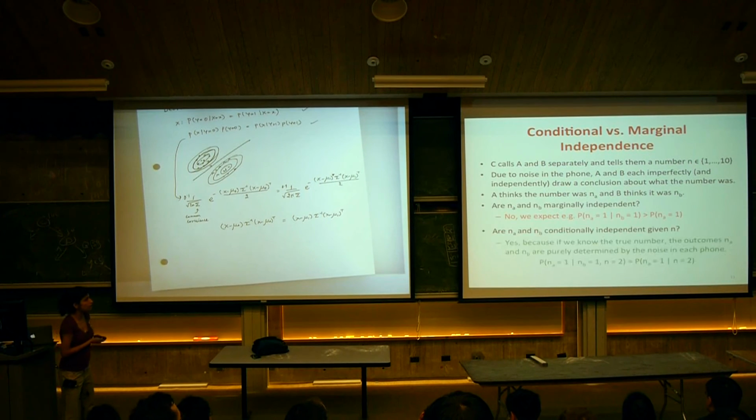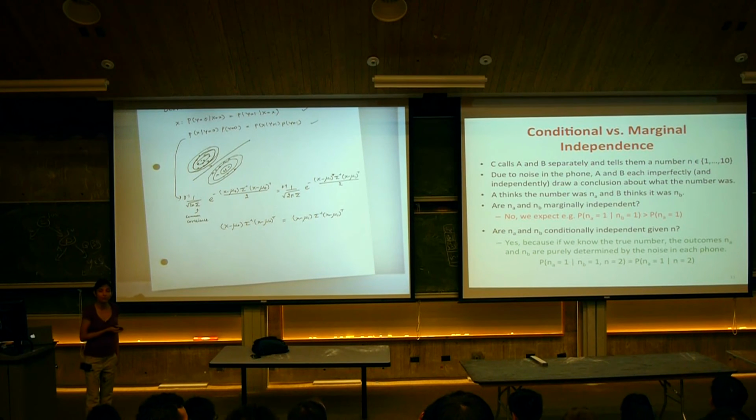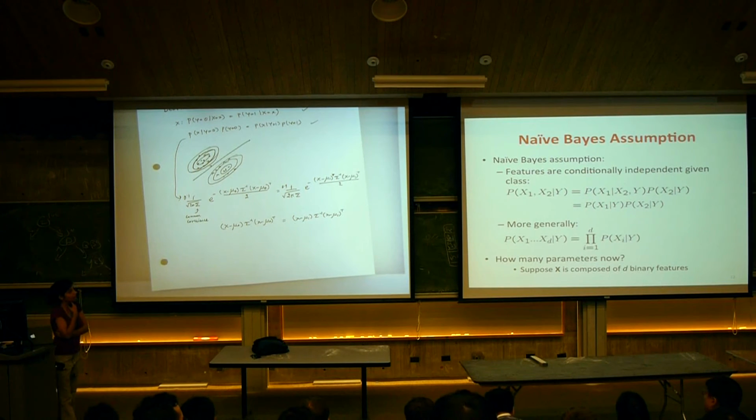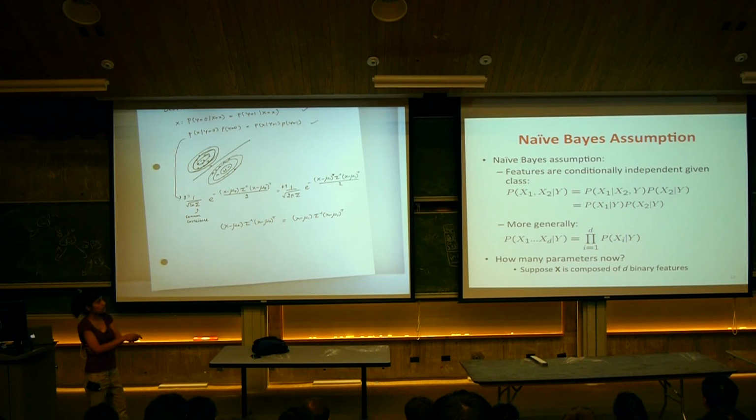All right, so how can we take this idea of conditional independence and use it to help simplify how we can learn the Bayes optimal classifier? So here's the naive Bayes assumption, which is what the naive Bayes classifier is built off of. It assumes that the features are conditionally independent given the class.